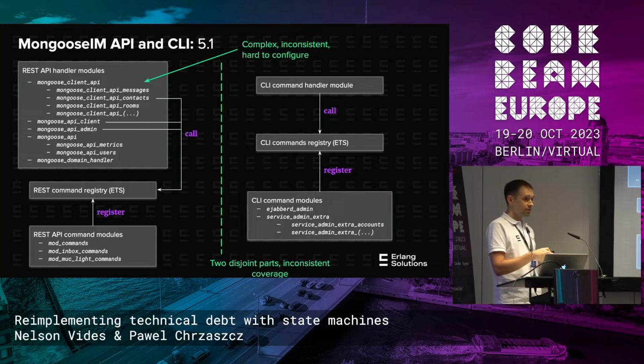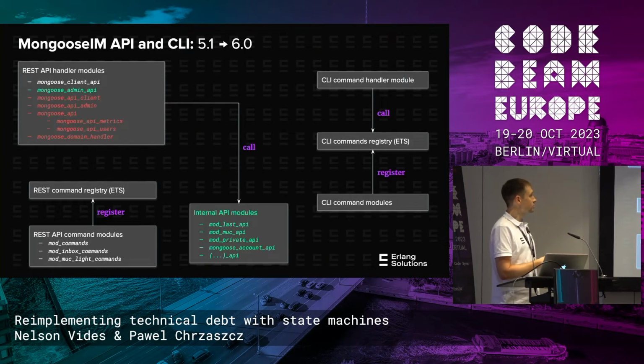And the coverage of functionality was also inconsistent, so that you could have some functionality in REST API, but not in command line interface. It was terrible, and we decided to start the rework by reworking those REST API handler modules, replacing them with fewer ones, but well-defined.